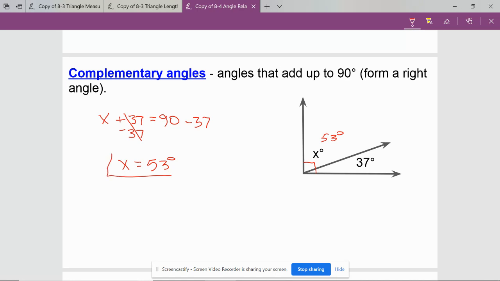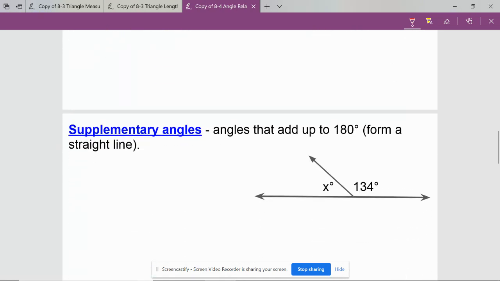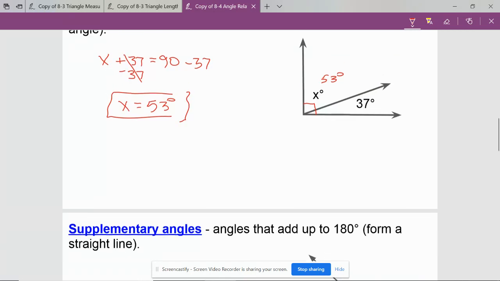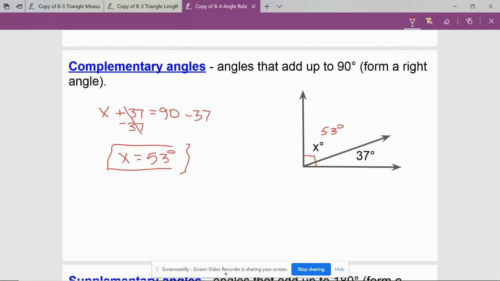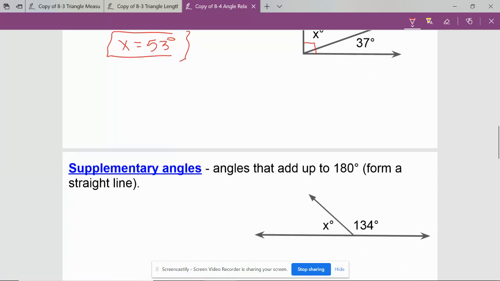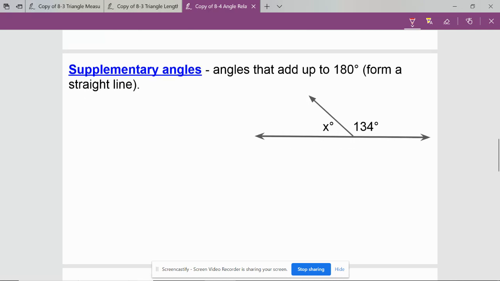Make sure you know what that question is going to ask you as we go forward. And as we go forward, supplementary angles. Let's make sure we understand: complementary angles add up to 90. Supplementary angles add up to 180, which is a straight line. So if you see that straight line and you see an angle on it, you know those two angles have to add up to 180.